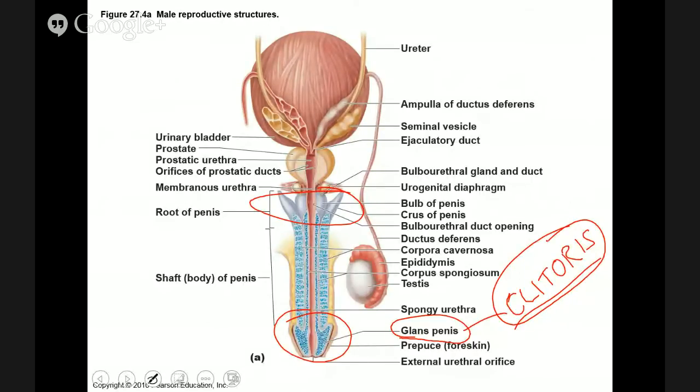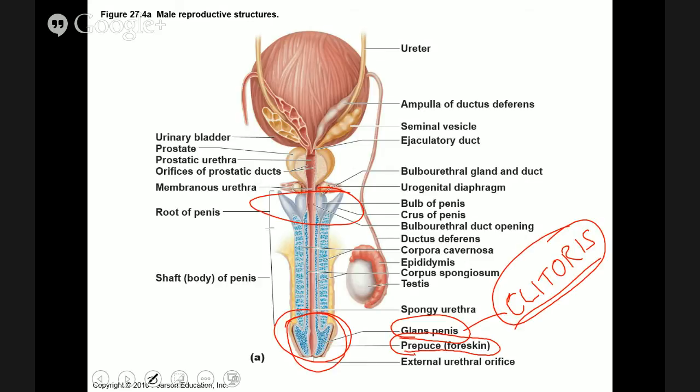Covering the glans penis is what we call the foreskin or the prepuce. Now, depending on several different considerations, parental preference, or maybe religious reasons, the foreskin may or may not be removed.